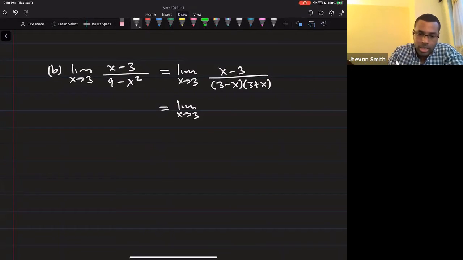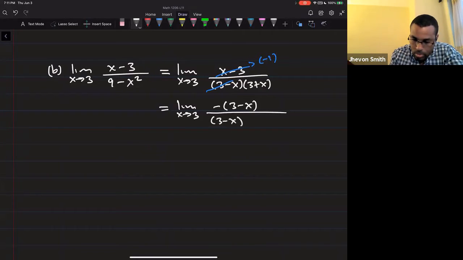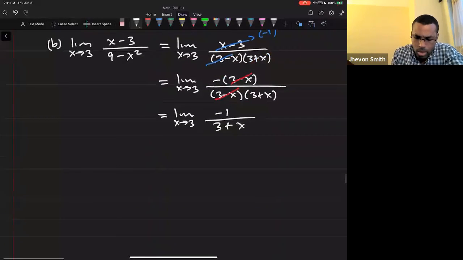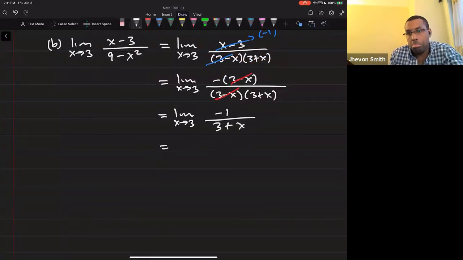There are tons of ways you can see that. One way is to factor out a negative to turn things around. Then those guys would cancel. You would end up with the limit as x approaches 3 of -1 divided by 3 plus x. And now I can plug in x equals 3 because it's not division by 0. Nothing weird is going on. It's just somewhere where it's nice. I can plug in and get a value. Why not? So it's -1/6.